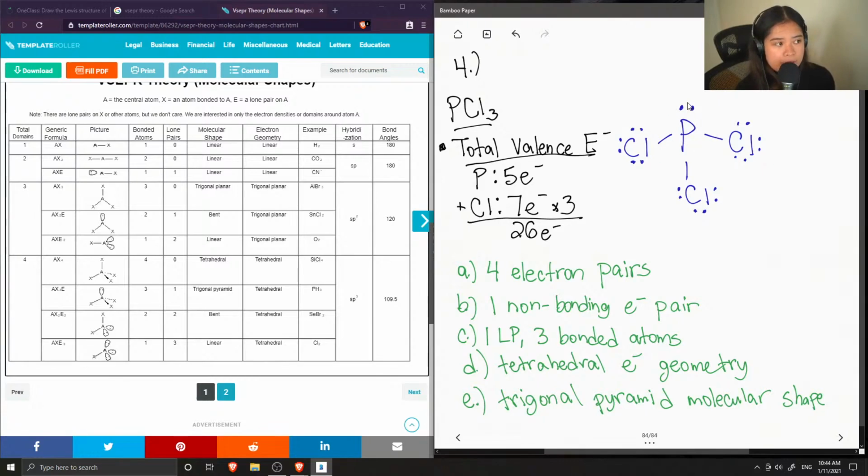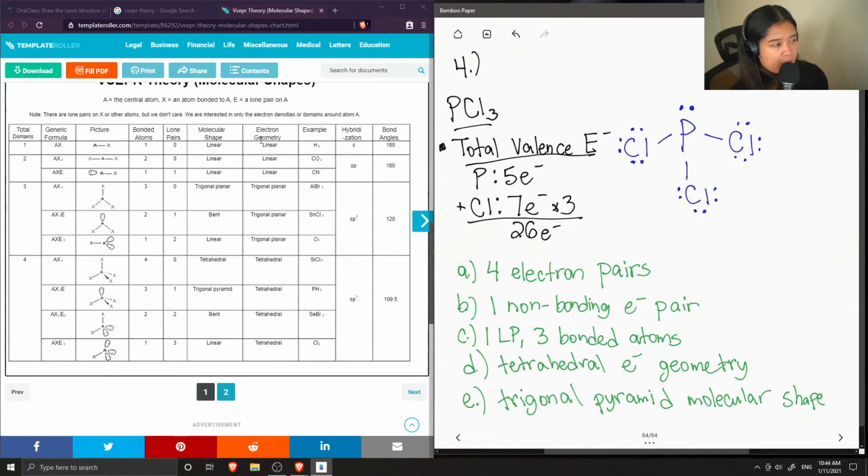If we were to have a 3D model, then this has a tetrahedral geometry. But in the case of a molecular shape, this only counts the atoms, so it doesn't count the lone pairs. If we were to have a 3D shape of the molecule but neglect the lone pairs, you'll see that we're left with a trigonal pyramid molecular shape.